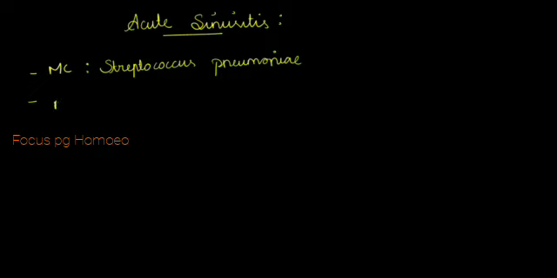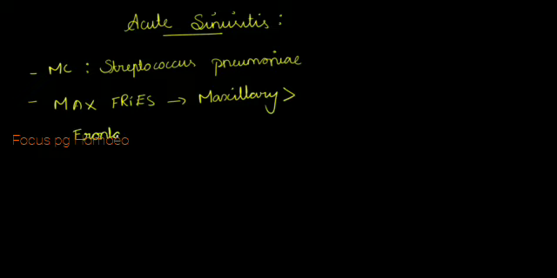the order of affection of sinuses. So there comes a mnemonic. So first comes the maxillary sinus, more than FR, FR is for frontal, more than ethmoid, more than sphenoid.